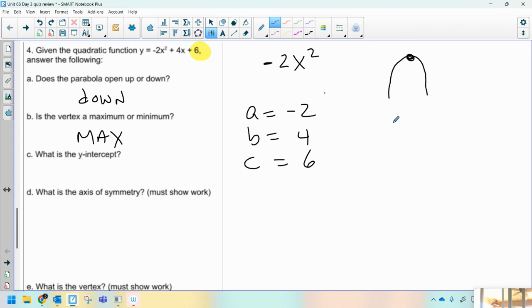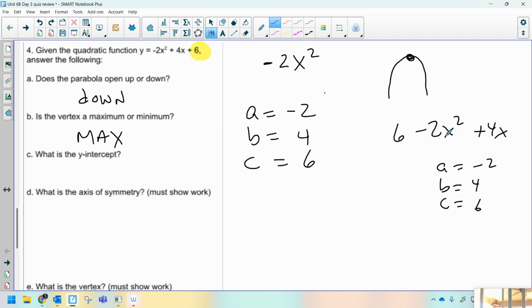Now, don't get fooled here, okay? If they switch the order on you and put 6 minus 2x squared plus 4x, your A still is negative 2, your B still is 4, and your C still is 6.